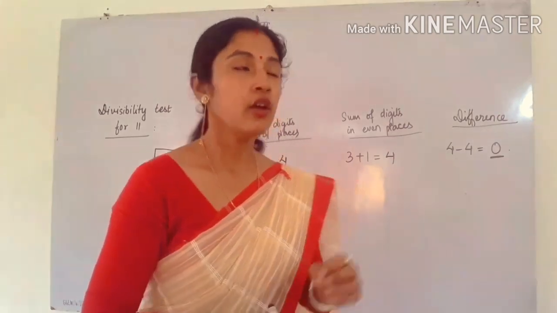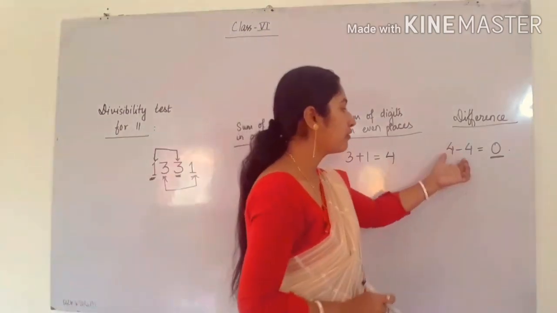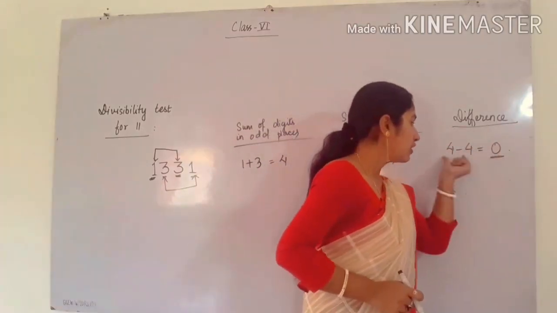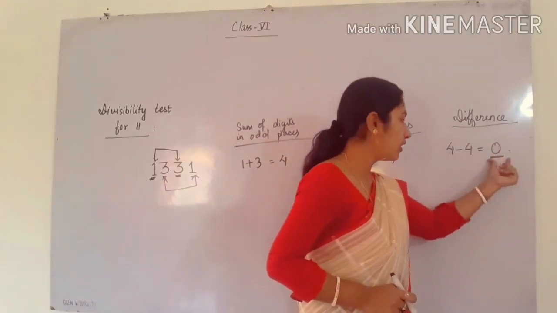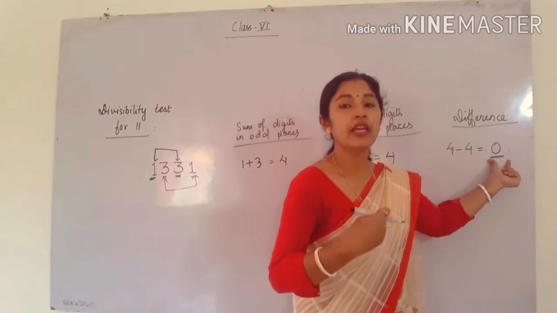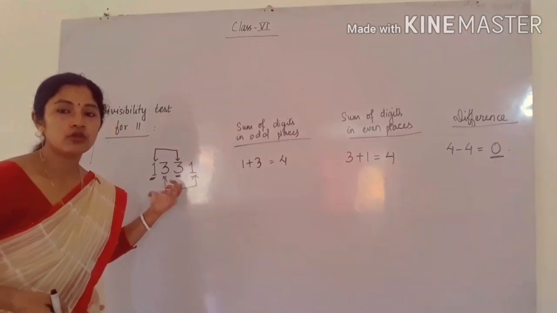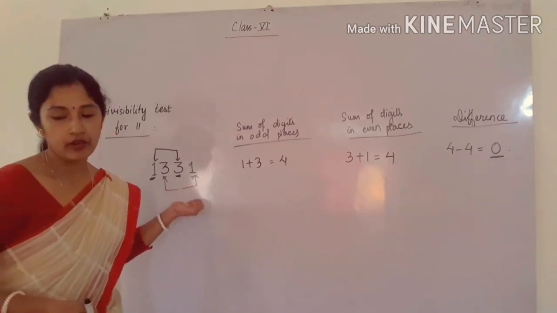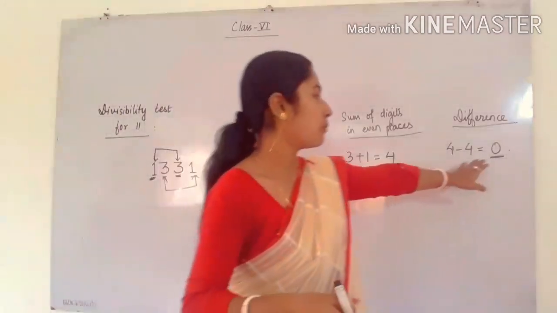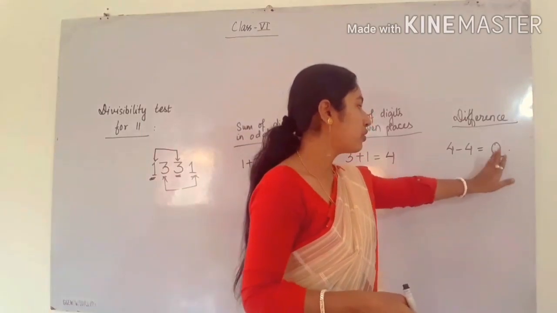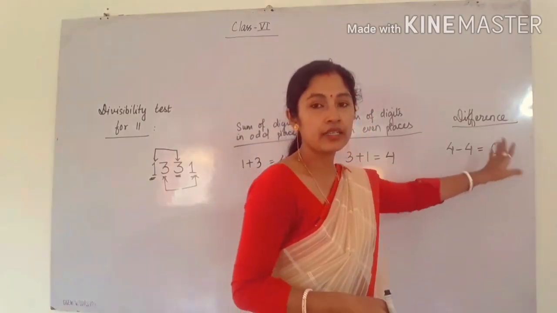So here you have to check what? If the difference of the two numbers comes out to be a number which is divisible by 11, then this number, that is 1331, is also divisible by 11. Suppose we are subtracting and it came as 1.